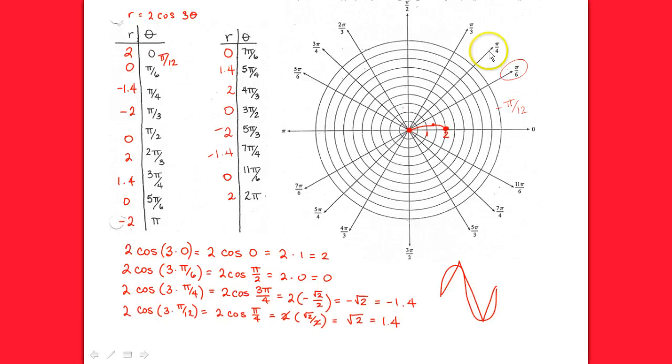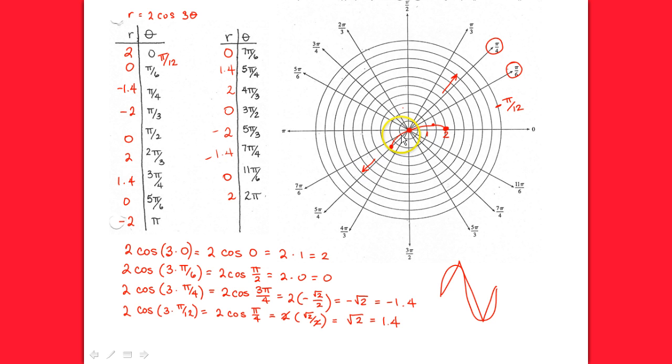All right, next one is pi over 4, negative 1.4. So remember that a positive radius is going to go this direction. A negative radius then is going to go on that same line but in the opposite direction. So all I have to do is say if positive 1.4 would have gone this way, stay on that same line and go the opposite way.